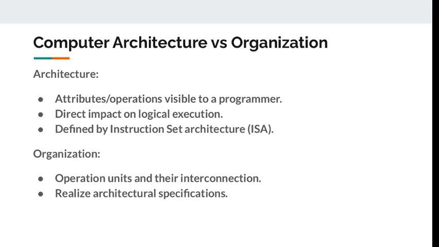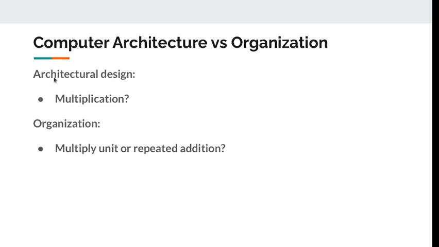And organization, on the other hand, is the operation units and their interconnection. The idea of the organization is how to realize the architectural specifications. For example, in the architectural design, we're gonna decide, okay, is this computer gonna have a multiplication operation in the CPU itself?